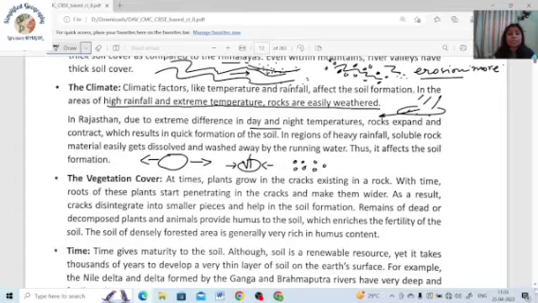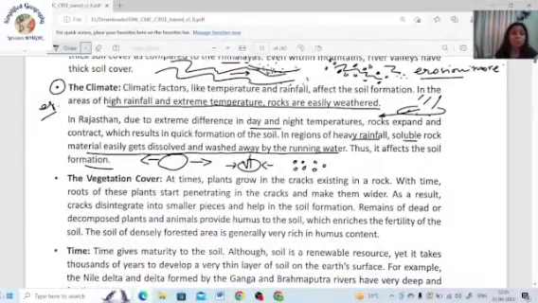And in regions of heavy rainfall, soluble rock material easily gets dissolved and washed away by the running water. Thus, it affects soil formation. This is how it happens, and in this portion do mention each and every factor with one or two examples to support your answer.